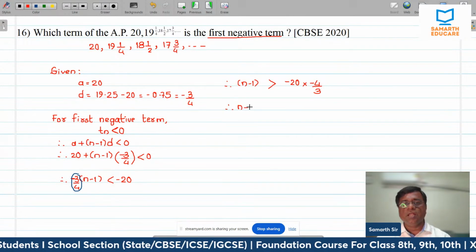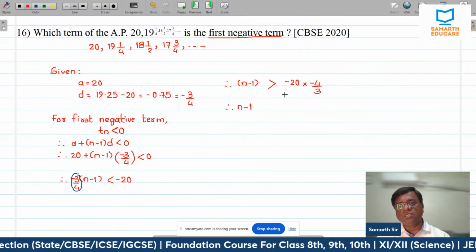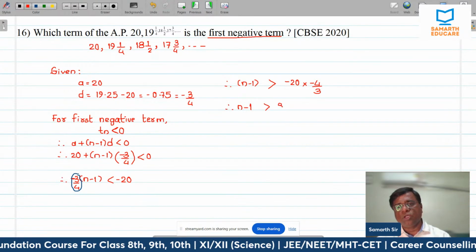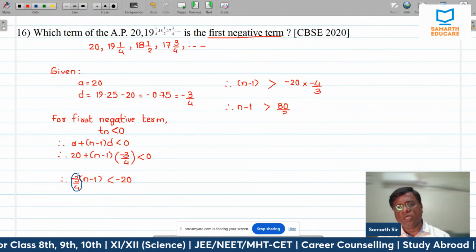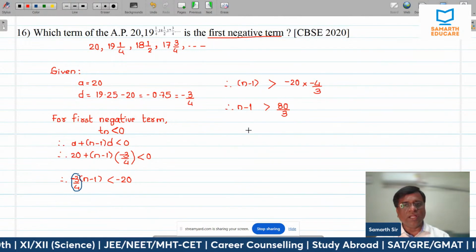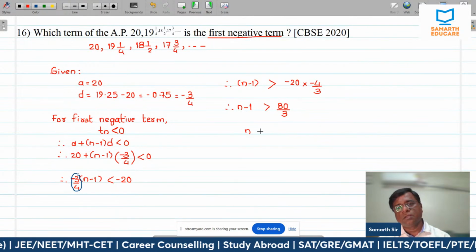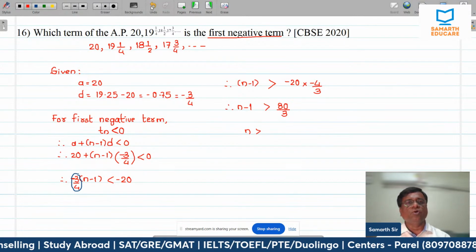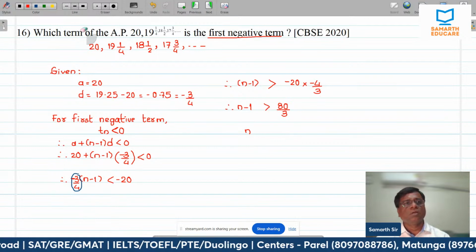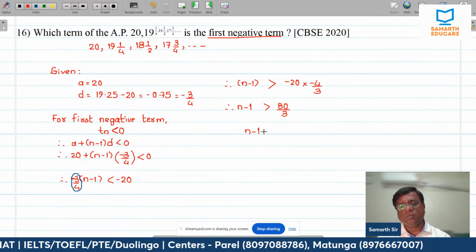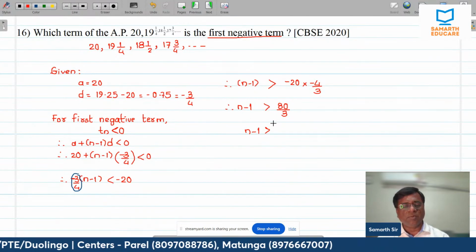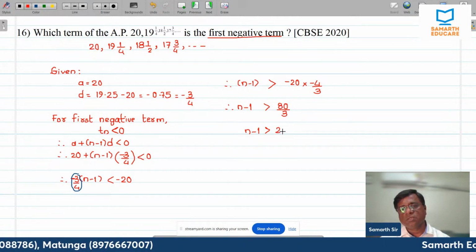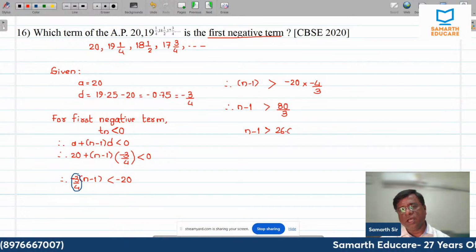That means n minus 1 is greater than 80 upon 3. Okay, we do not have the exact value. So let me first write n minus 1 is greater than, remember it is 3 2s are 6, 2 remains, 3 6s are 18, and then 666.